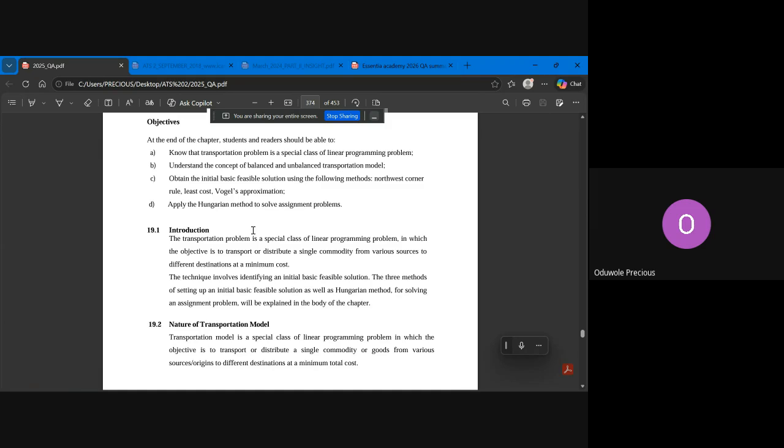Like, is it possible, and can the cost be controlled? That's the meaning of feasibility. What you are projecting or foreseeing, is it achievable, and how achievable is it? I hope you are getting it. You can also use another term: is it practical to achieve? Okay. So all these are the terms you can use when you're trying to define feasibility.